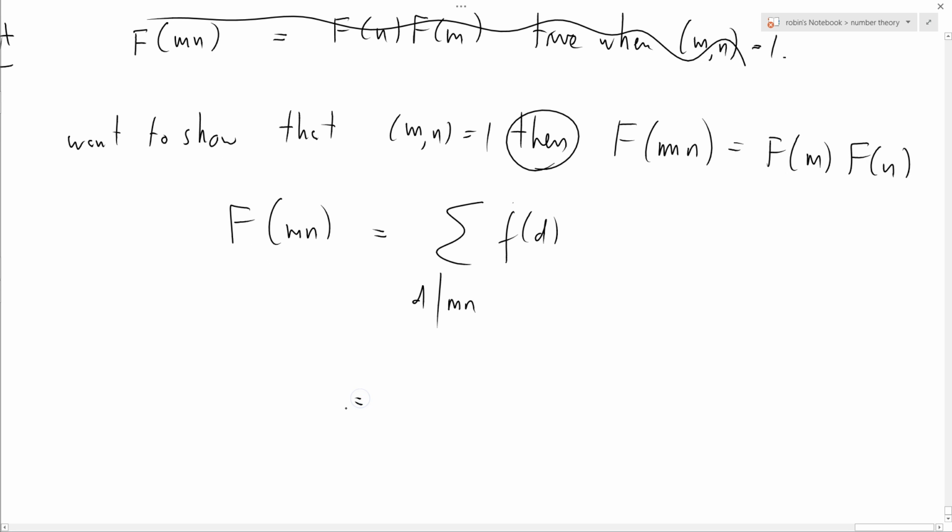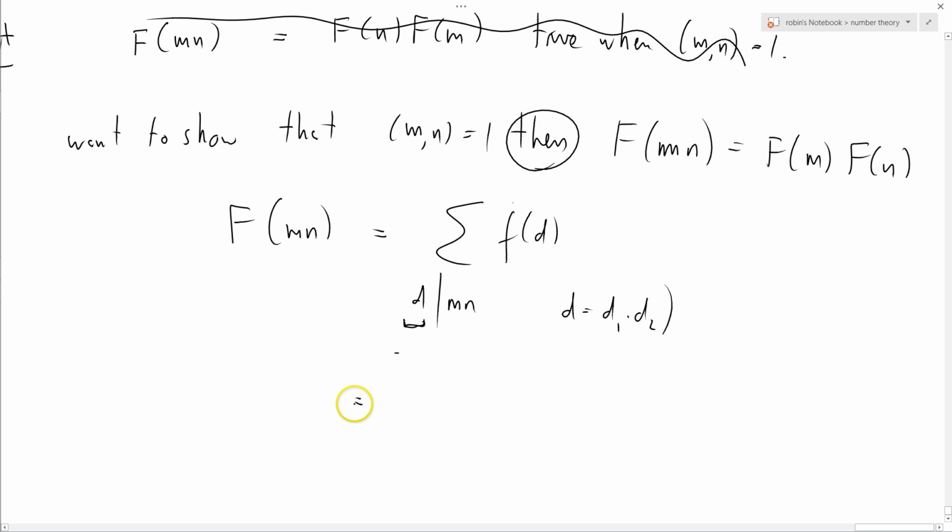So that's going to be equal, because d divides the product, d itself must be equal, d must equal d1 times d2, where d1 is the divisor of m and d2 is the divisor of n.